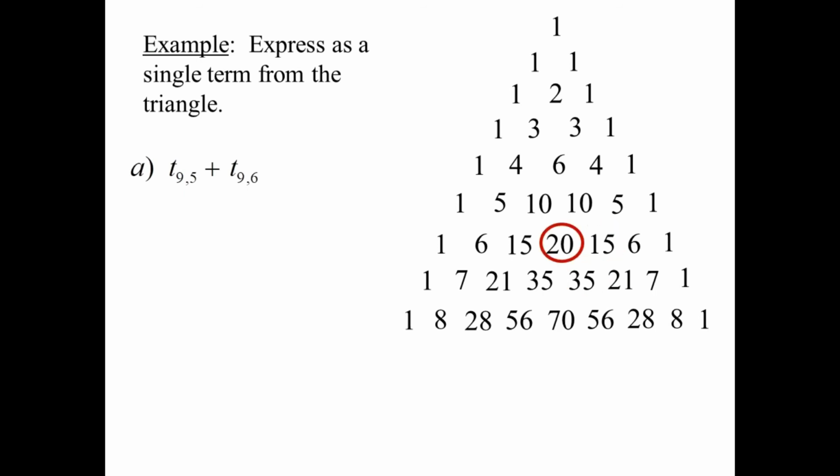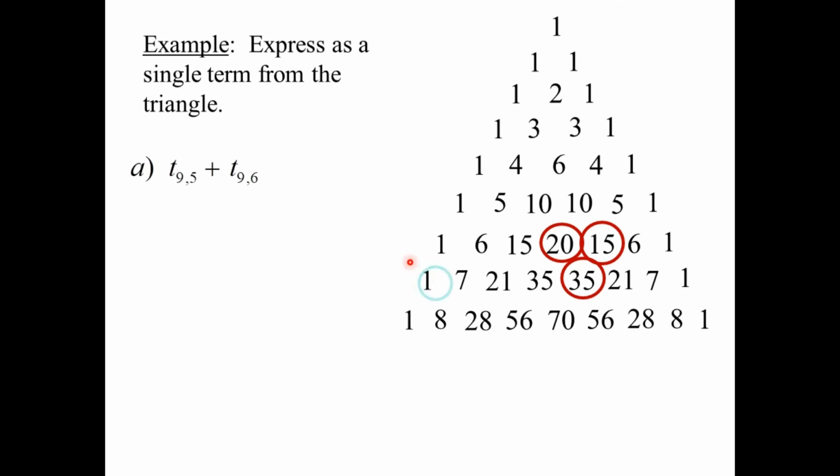This one, and this one. 20 plus 15 is 35 because that's how the numbers are generated. But we could say 35 take away 15 is 20, and we could say 35 take away 20 is 15. So there's a relationship amongst these. I like to liken it to generations of people.